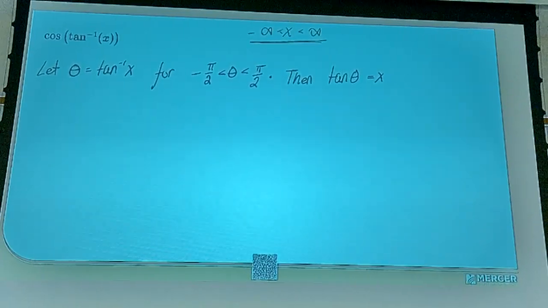Is that inclusive? No, the endpoints are not included. This would make tangent of theta equal to x. And I'm not going to rewrite the restriction of theta, we already have it. Now look from minus pi over 2 to pi over 2.